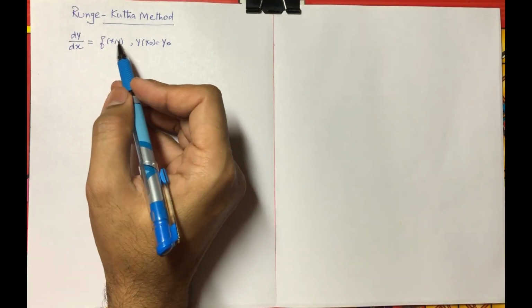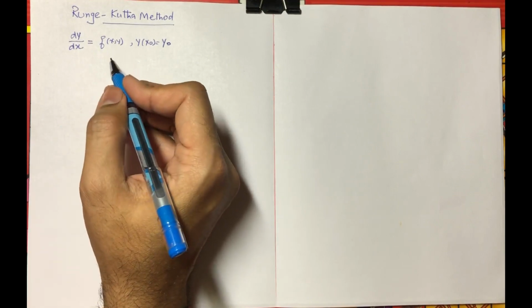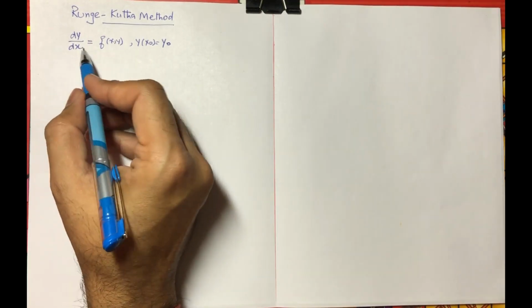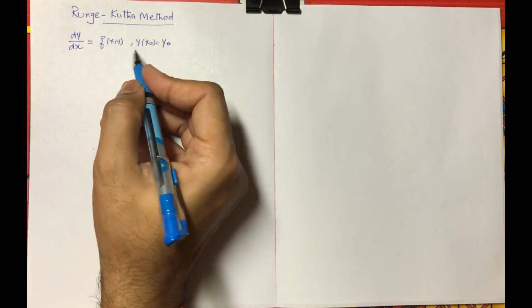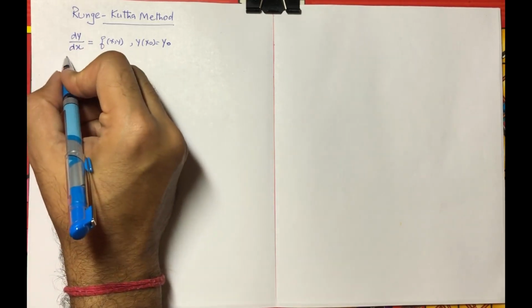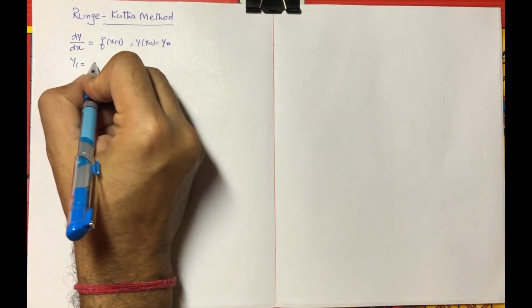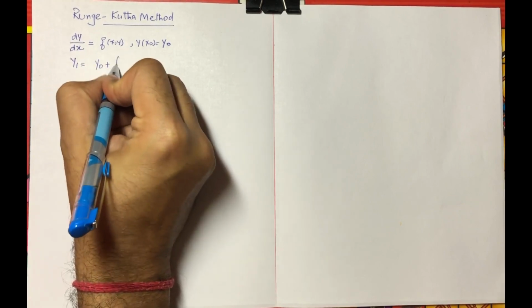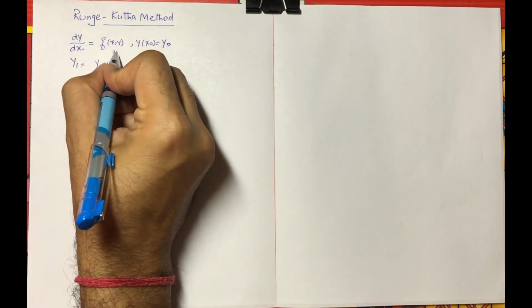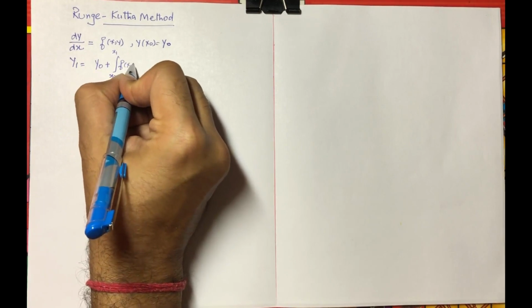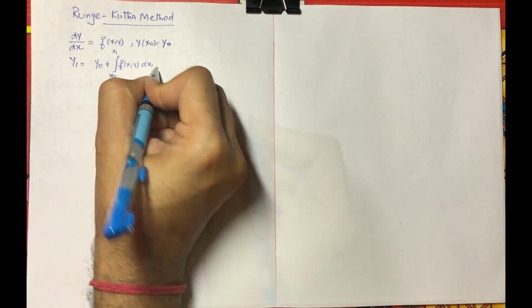Runge-Kutta method, which is again a modification of Euler's method. So we start with the ordinary differential equation with the initial condition. Integrating both sides, we get y1 equal to y0 plus the integral from x0 to x1 of f(x, y) dx.